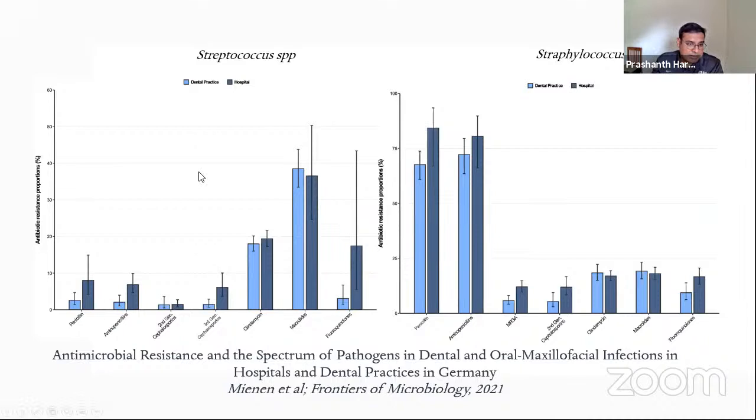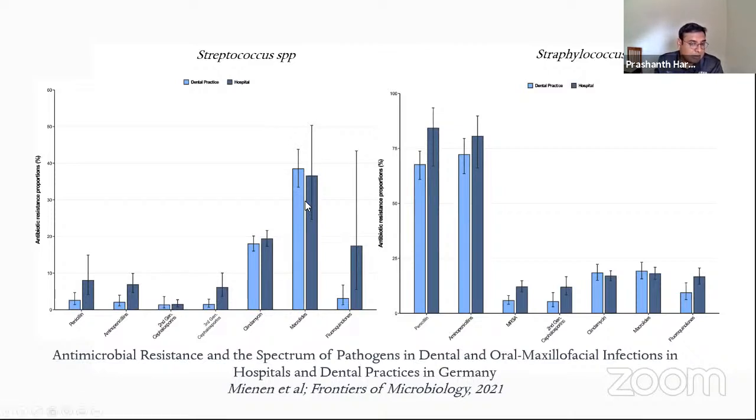They did a study in an oral surgery clinic setting, both in a dental setting and in an oral surgery setting in a hospital. Again, you see the resistance developed for Streptococcus species. You see an equal amount of resistance developed for clindamycin and macrolides, like azithromycin and erythromycin, both in the dental setting and in the hospital setting.